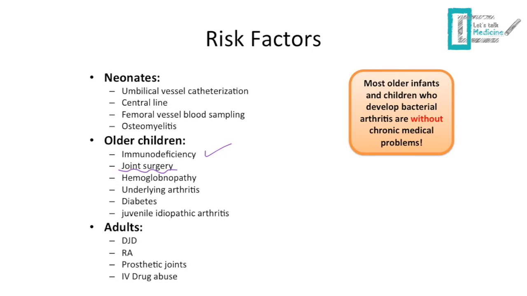Underlying arthritis can also mimic septic arthritis. Diabetes, as a kind of immunocompromised state, and juvenile idiopathic arthritis are also risk factors. In adults, you might have degenerative joint disease, rheumatoid arthritis, and, as we said, prosthetic joints, which is very high yield to know.